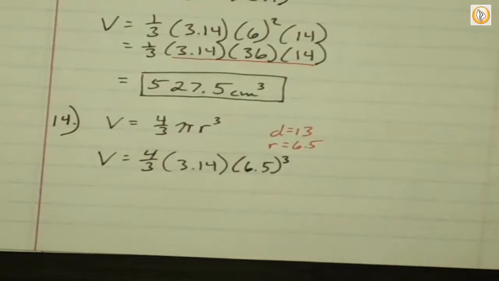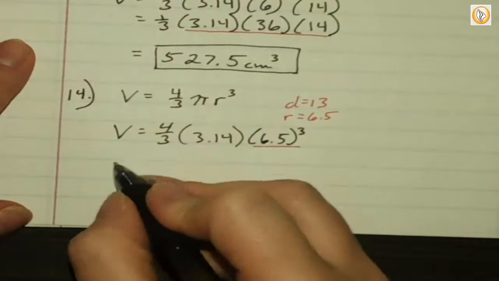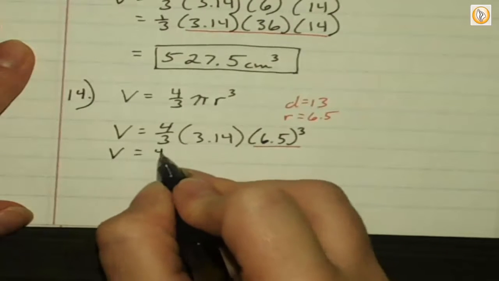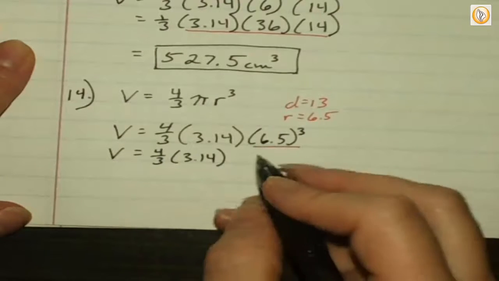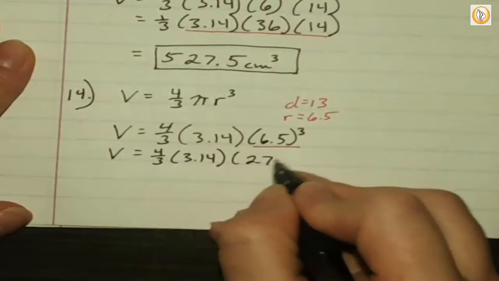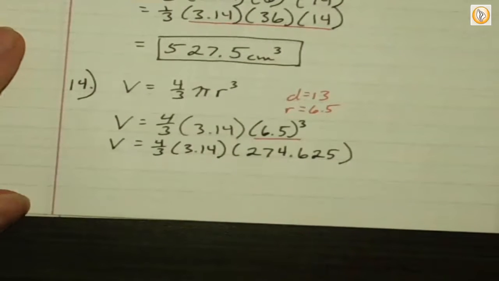Now, we're going to go ahead and cube 6.5. And I get 274.625. Write that down.